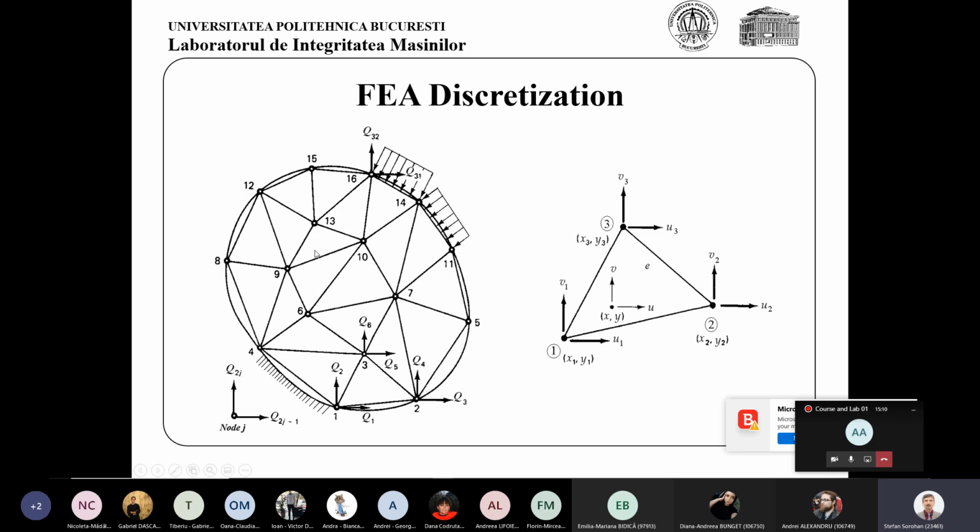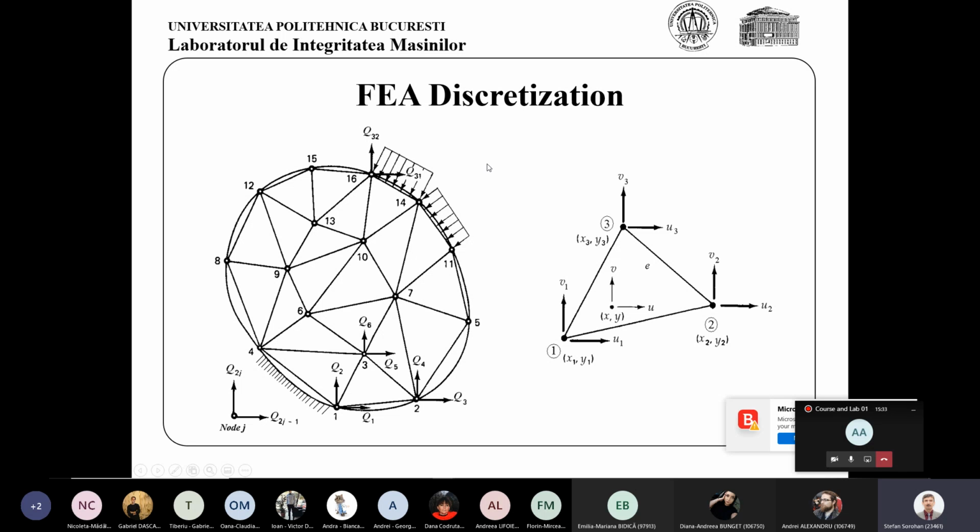And of course, if we discuss the displacement and we take a global system of coordinates, let's say x and y, we can define 2 degrees of freedom per node. That means displacement along x and displacement along y.